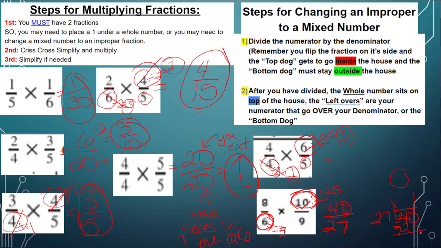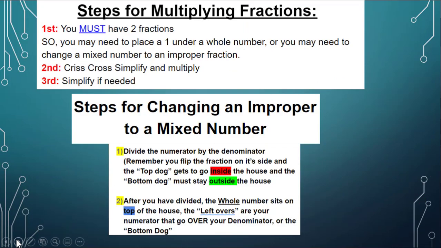Bring it over to the 1's house. 10 minus 7, 3. 3 minus 2 is 1. So our whole number goes on top of my house. So we have 1 whole, 13 left over, the 27. So our answer is 1 13/27.